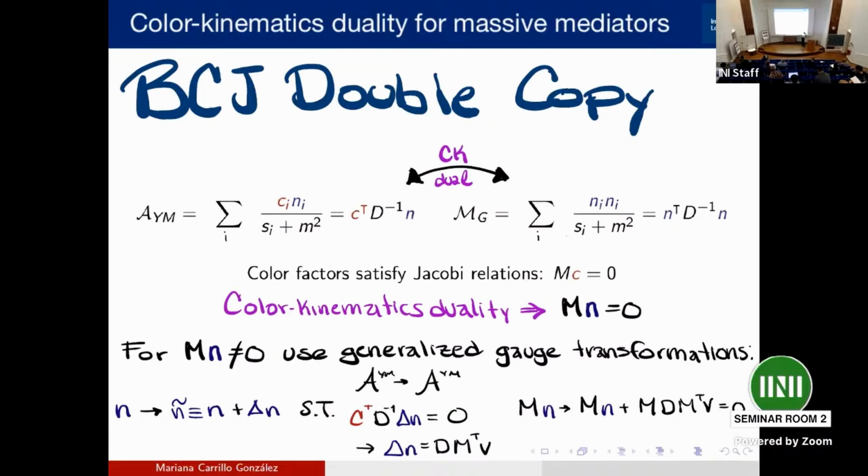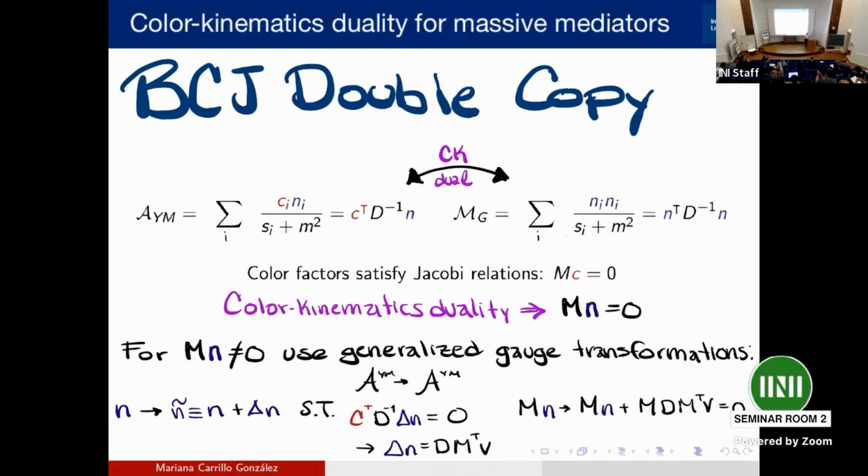So I can write delta n in the following form: D, M transpose, and some arbitrary vector V. If you plug that in here, it just gives you 0 thanks to Jacobi relations. So, okay, now I have something that is a generalized gauge transformation under a shift. I do this shift now on this expression for the Jacobi relations of the kinematic factors.